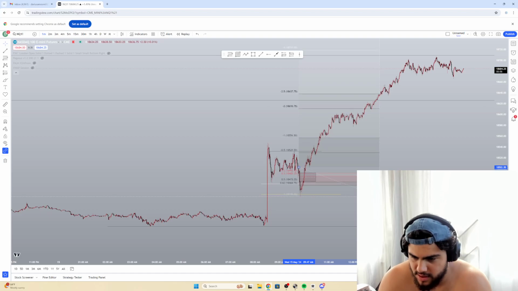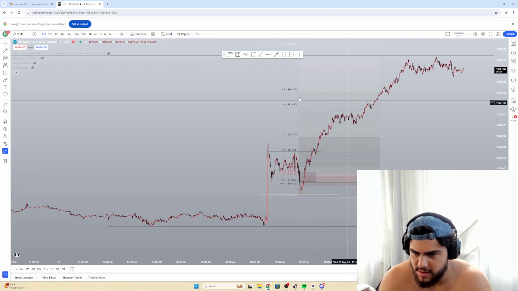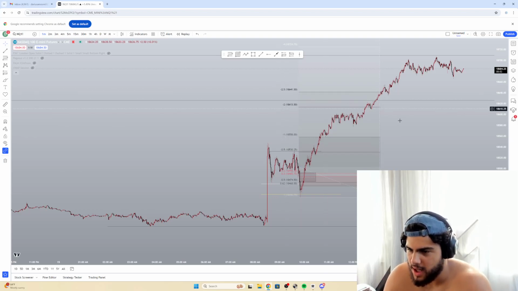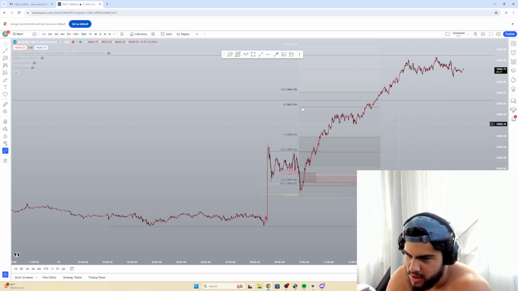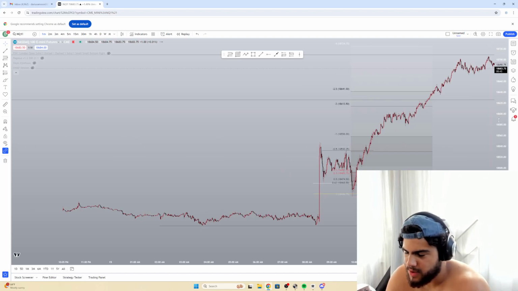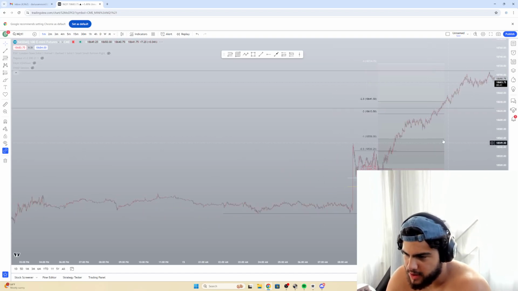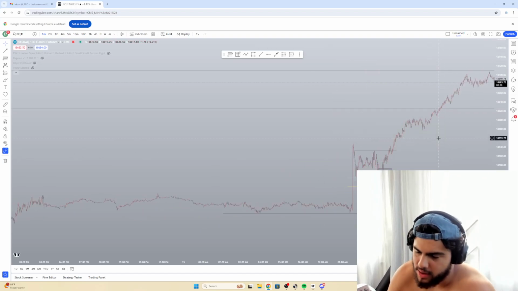And then you can see here, from this manipulation, like I said, the 2 and 2.5 are the highest probability. That's what most people look for when they're looking at standard deviation. And this high was directly in between 2 and 2.5. So it qualifies things as better targets, but I want to find a better day because today we just rallied a stupid amount.